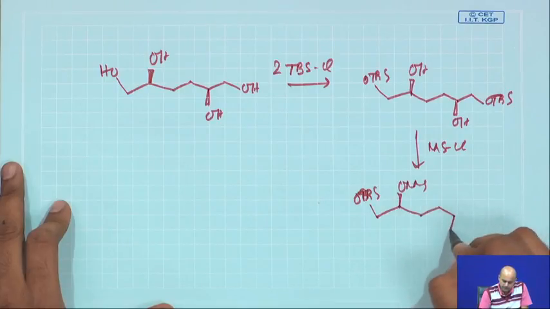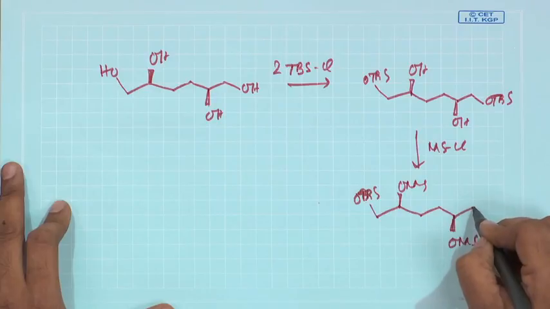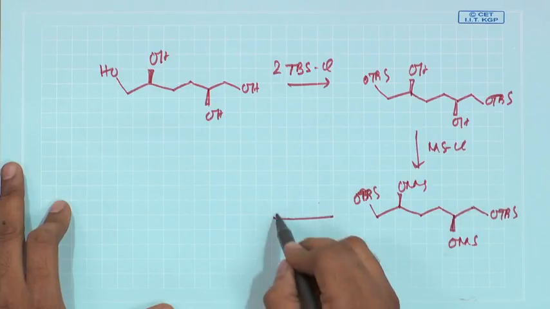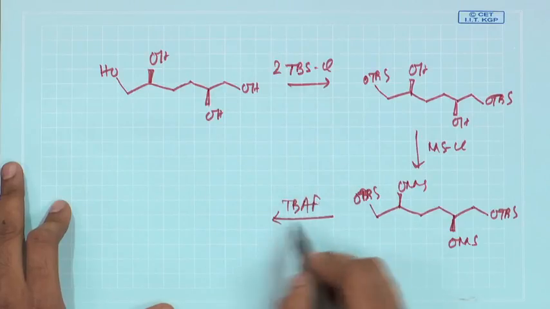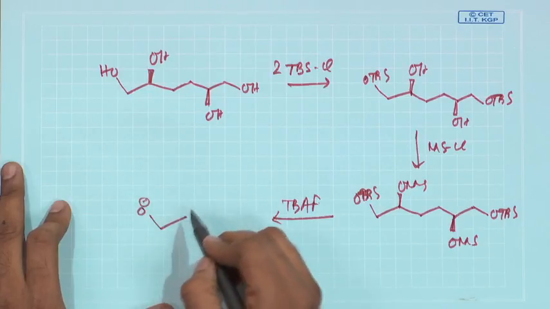Now, doing the mesylation basically helps with the secondary group. Now, you are basically making it a leaving group. Now, TBS group deprotection can be done by TBAF. Now, TBAF is basically basic in nature. So, once it deprotects, it basically gives you O minus.